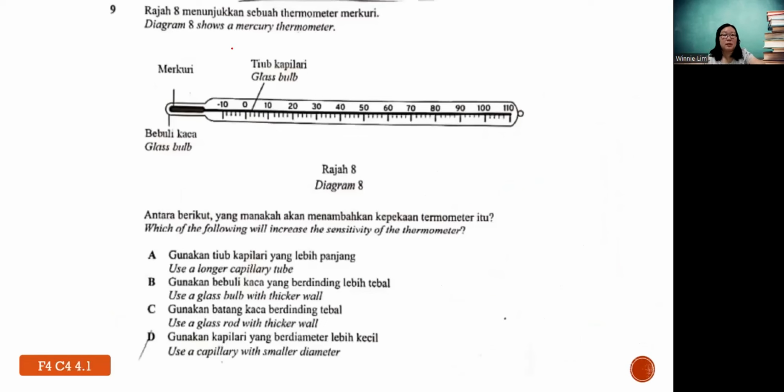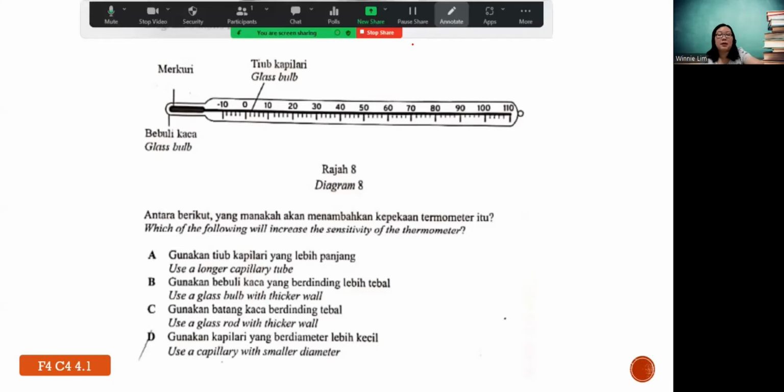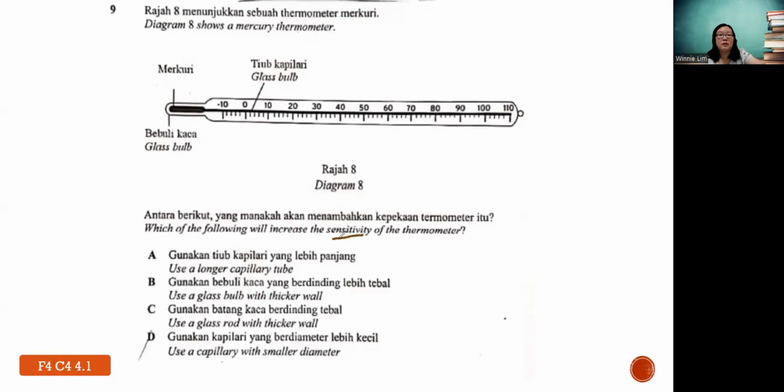Okay, next, this is from Chapter 4, thermal equilibrium. Diagram 8 shows a mercury thermometer. Which of the following will increase the sensitivity of the thermometer? Basically you want it to be more sensitive, that means detect the heat faster. The moment you put it in, you straight away get the reading. There are a few ways. One, the glass bulb must be small, the wall also must be thin, and the tube should also have a small diameter.